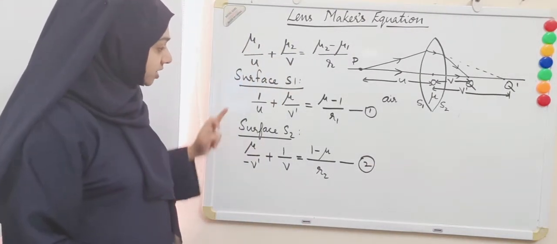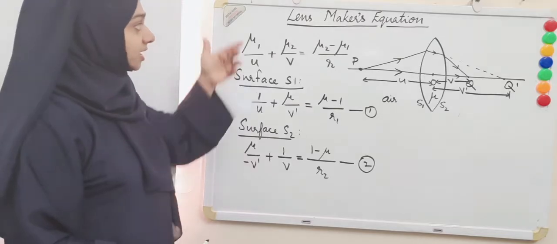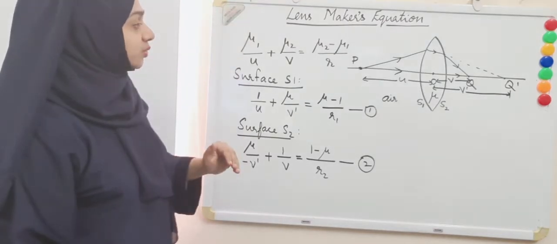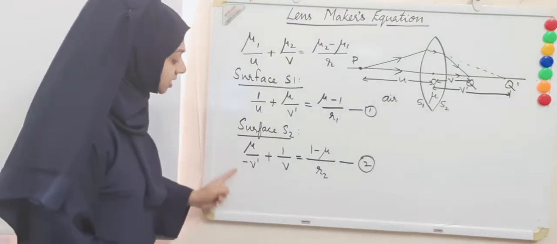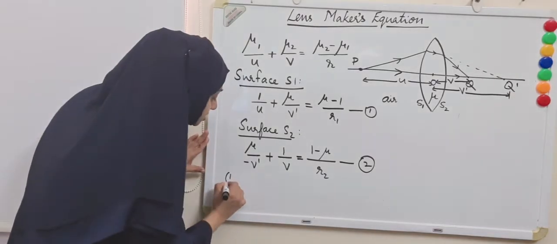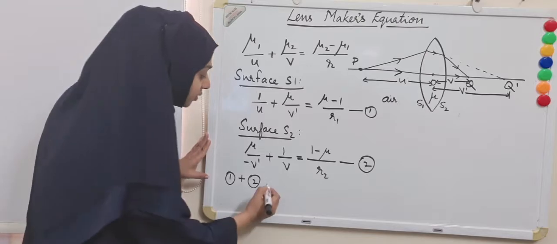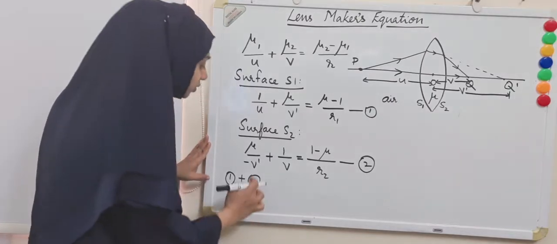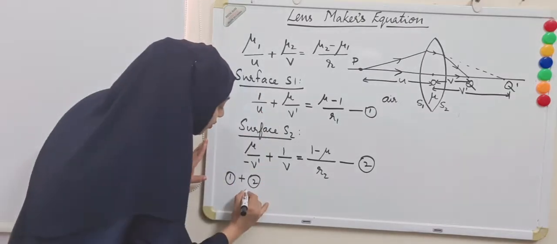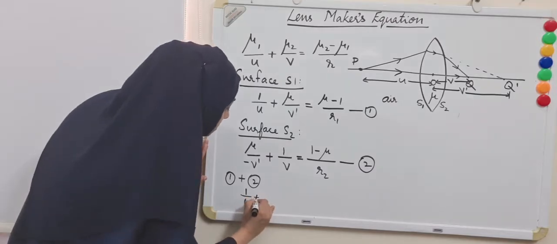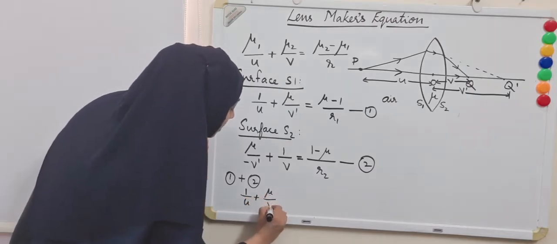So we got equation 1 and 2. We can make the lens maker's equation by adding these two equations. So equation 1 plus equation 2. So when I add equation 1 and equation 2, I will get here 1 by u plus mu by v prime.